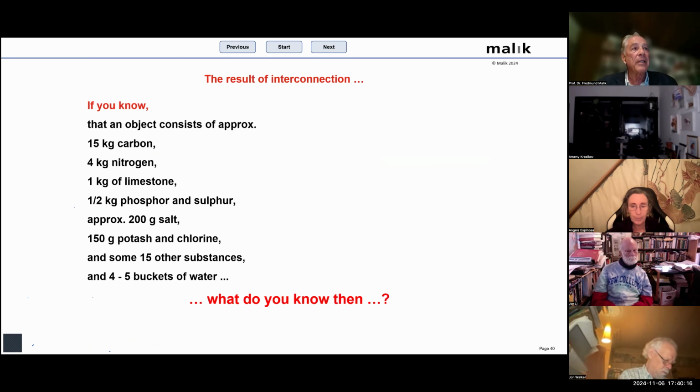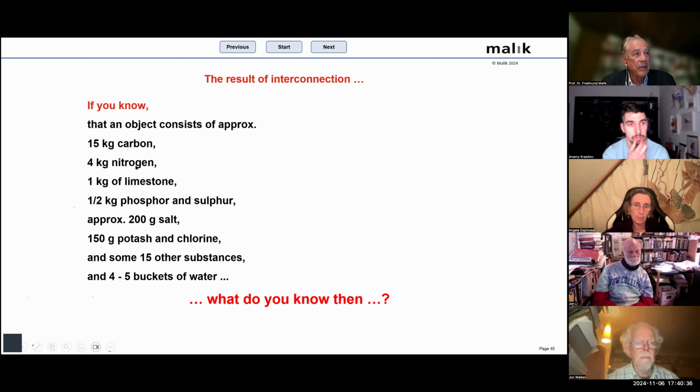So, a puzzle at the end, the result of interconnection. If you know that an object consists of approximately all these materials: 15 kilograms of carbon, 4 kilograms of nitrogen, 1 kilogram of limestone, half a kilogram of phosphorus and sulfur, approximately 200 grams of salt, 150 grams of potash and chlorine, and some 15 other substances, and 4 to 5 buckets of water.